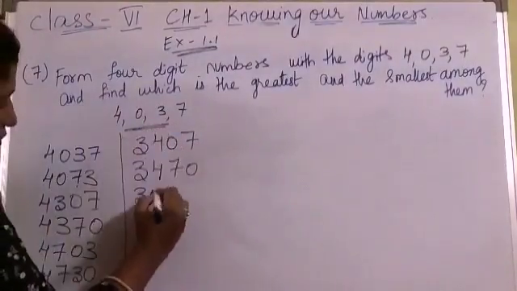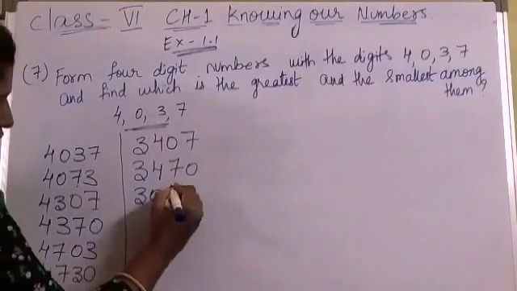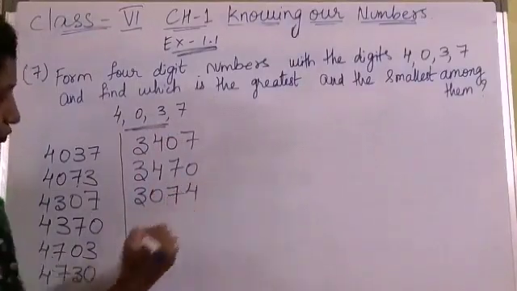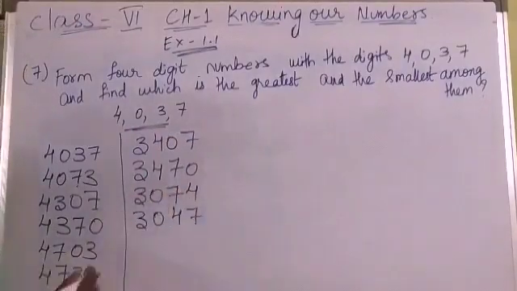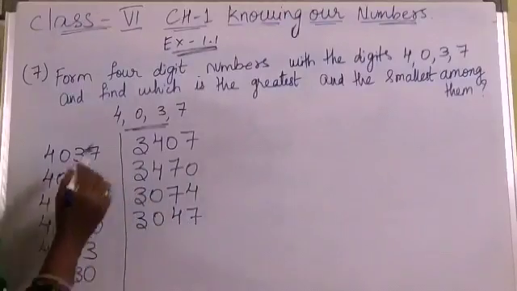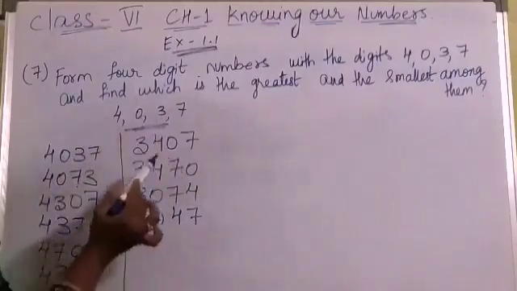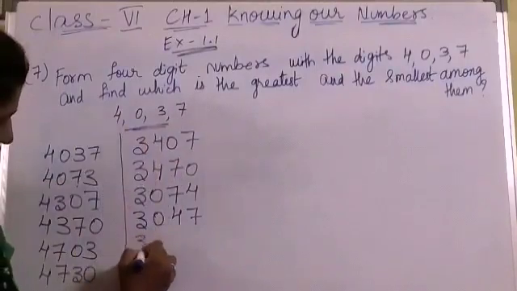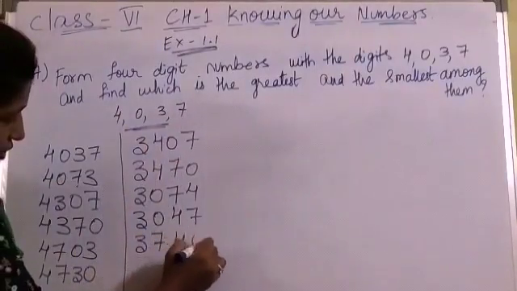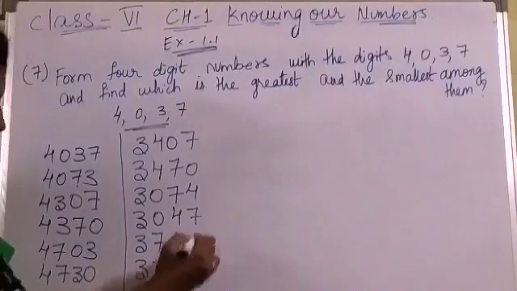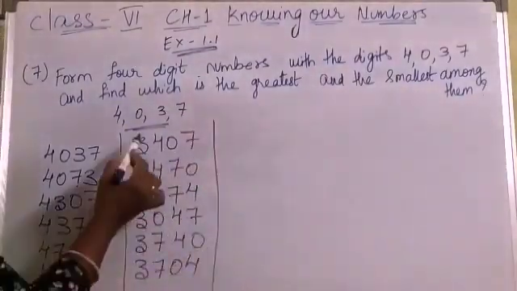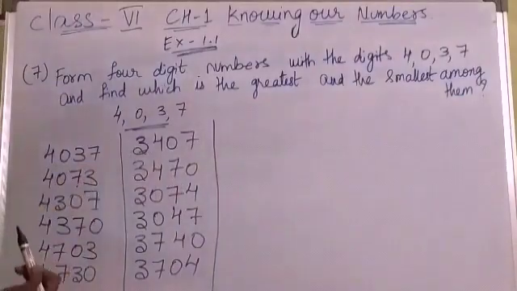Take another number now, 3, 0, 4, 7, 3047. Next 4 completed two times in the hundreds place, 0 completed two times in the hundreds place. Next which number is left over, children? 7. So 3740. Next 3704. So I completed here, keeping 3 in the thousands place.